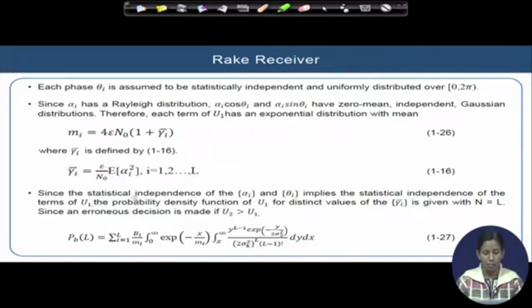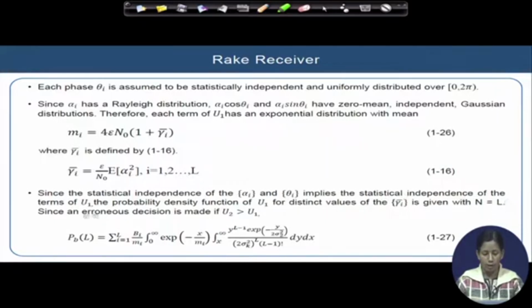Alpha I and theta I should be statistically independent, and if they are, it implies that the probability density functions of the U1s have distinct values for each and every branch, and then gamma I bar can be given with capital N equal to L.